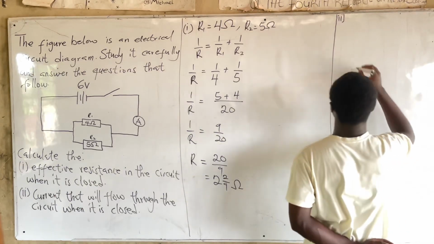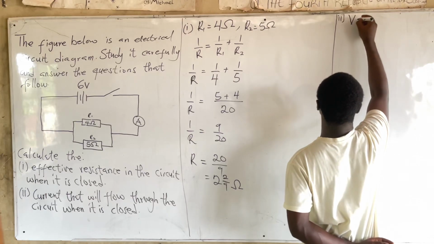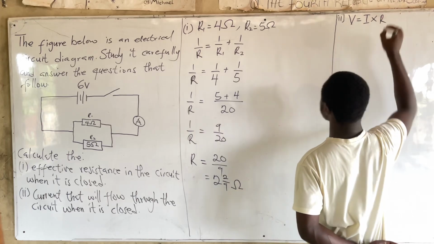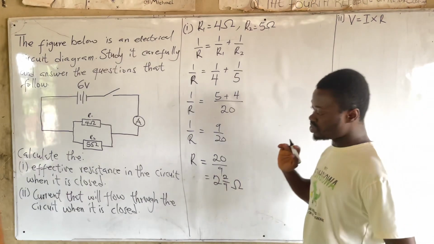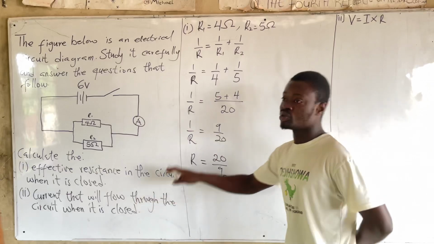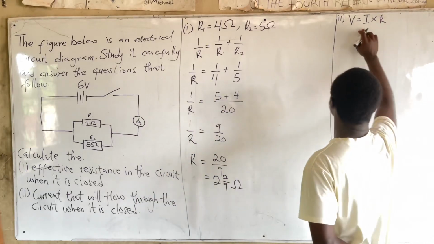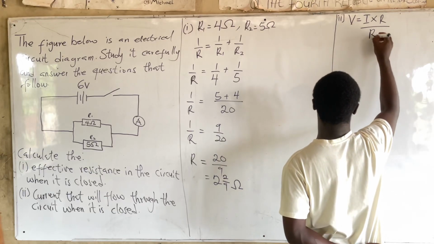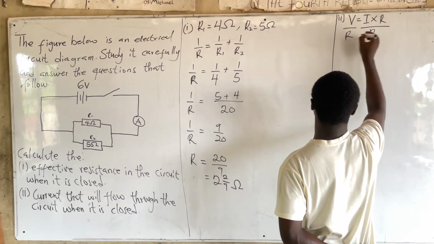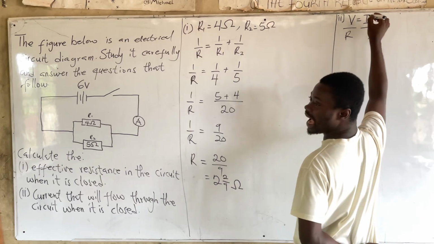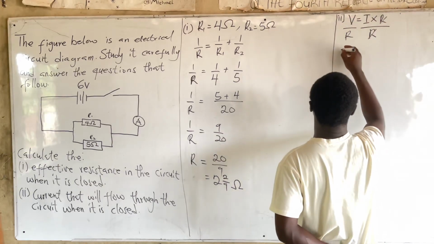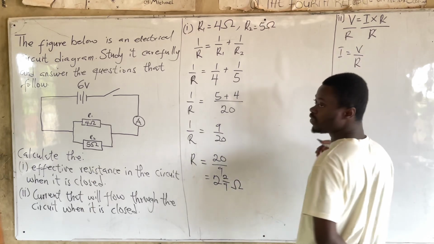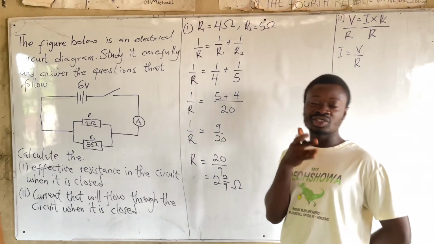We want to calculate current, so let's make I the subject. Making I the subject, which is current, we divide by R, then we divide also by R on the other side. So that R cancels R, then we get I, which stands for current. So I will be equal to voltage over resistance. Therefore, current equals voltage over resistance.